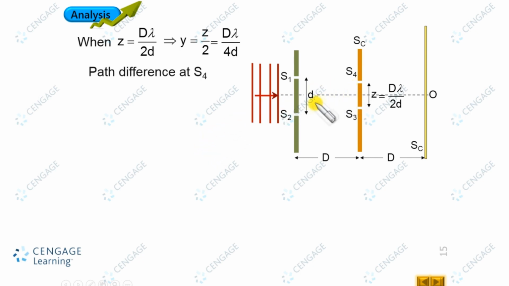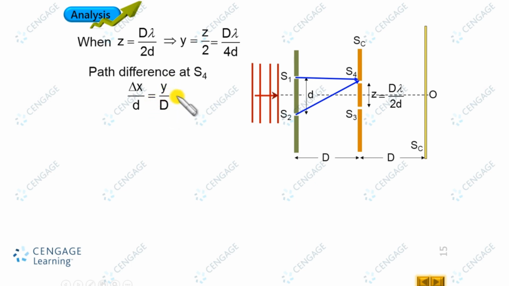Now we can write the standard formula for the Young double slit experiment, that is the path difference of the two waves: delta x, the path difference between the two waves, divided by small d equals y divided by capital D. Let us substitute the value of y.